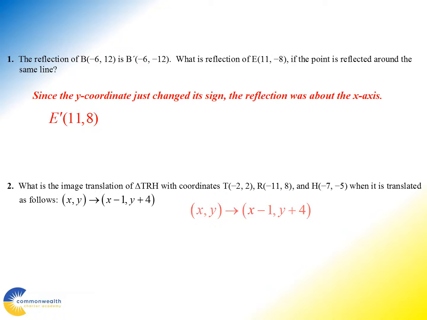So as we carry this through, negative 2 gets subtracted by 1, I get negative 3. 2 gets added by 4, I get negative 3, 6 for the image of T.